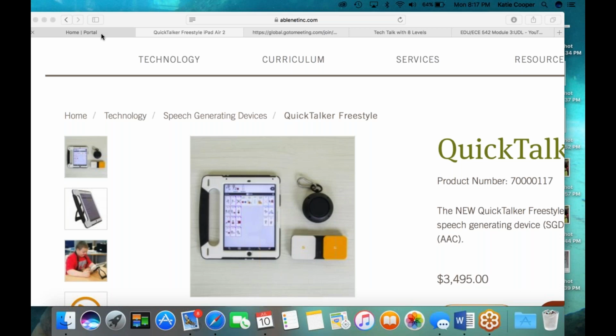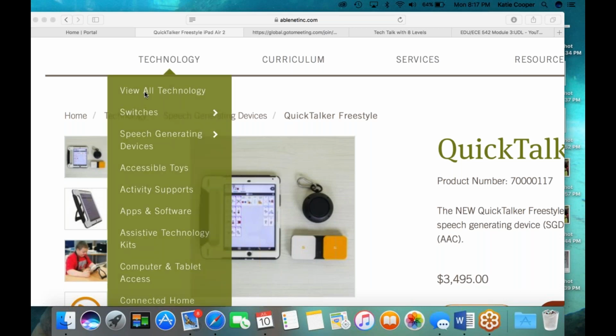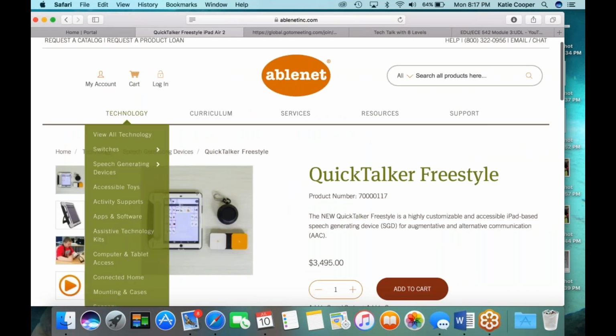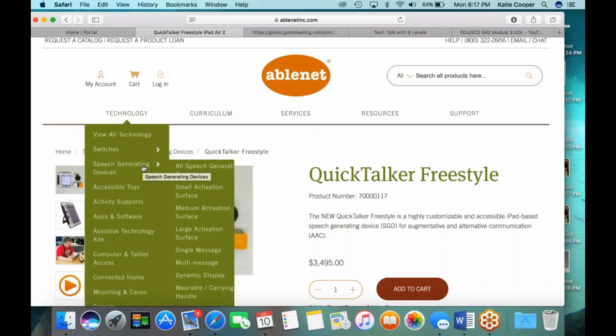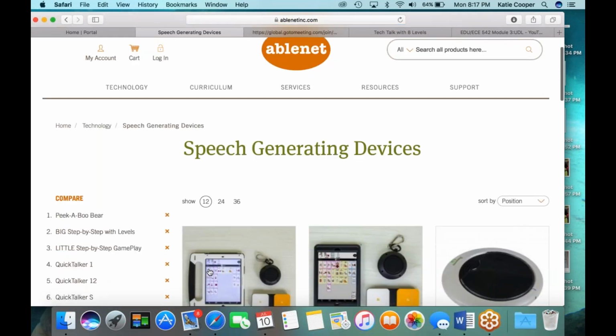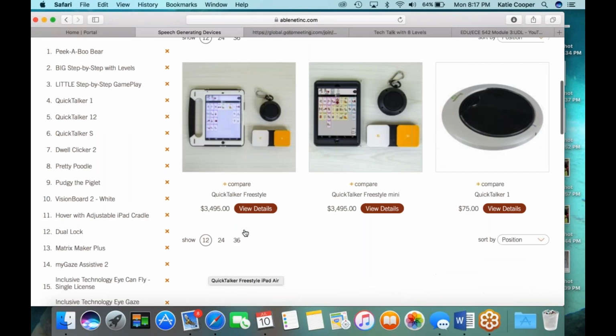Right. So Proloquo to Go is an app that you can use on your iPad. Can you use eye gaze? There are certain devices that you can use eye gaze on, like a Dynavox, and even an iPad can do it.